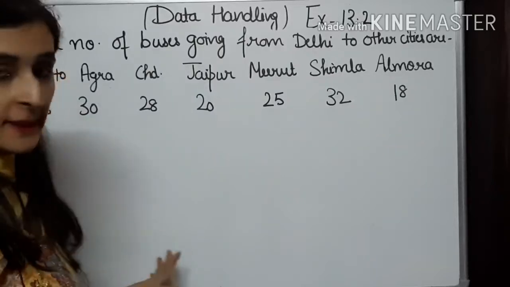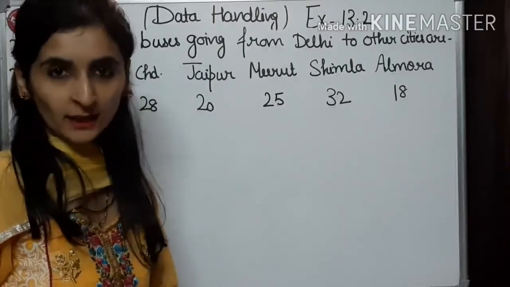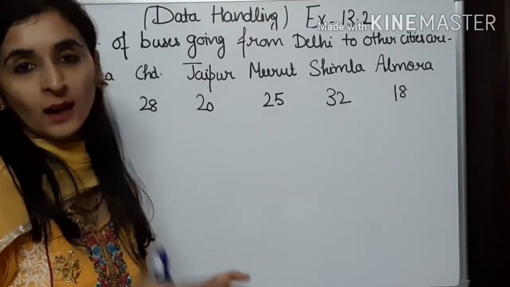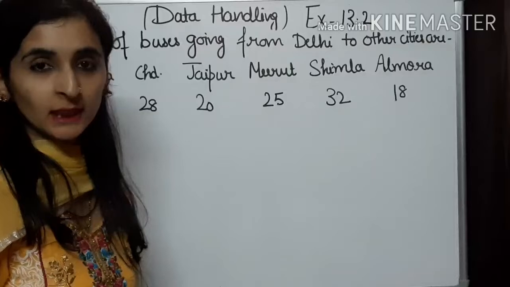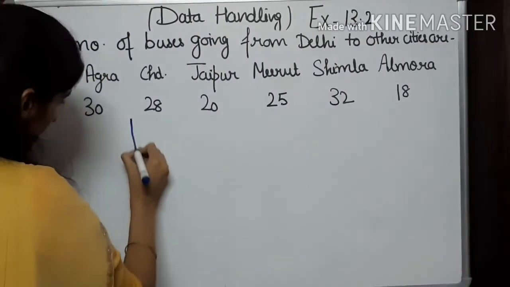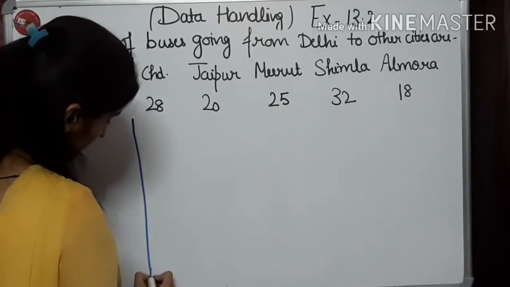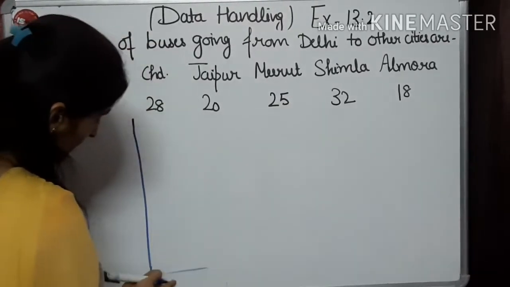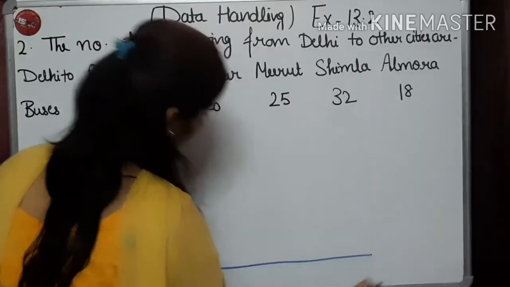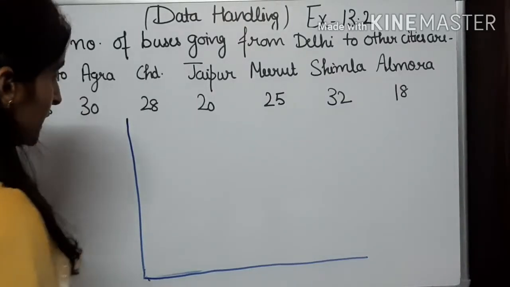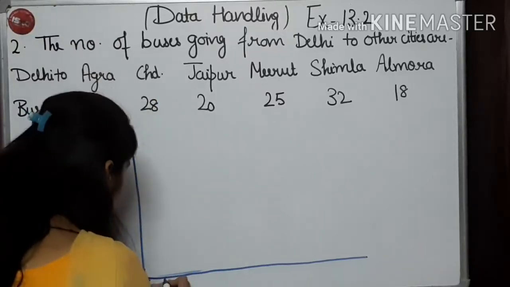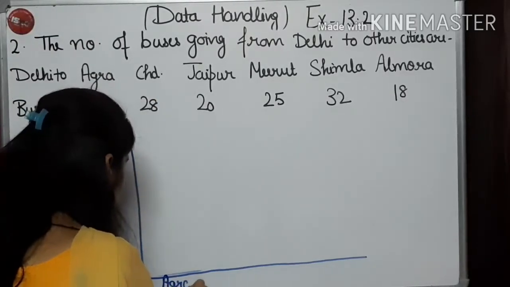Now we have to represent this data using a bar graph. So again, we will first of all draw the horizontal axis and the vertical axis. So let us start drawing the bar graph. This is the vertical axis and here we have the horizontal axis. Okay. Now here I am going to write down the names of the cities. First name of the city is Agra.